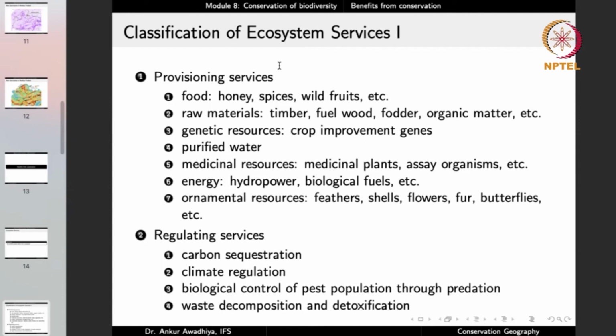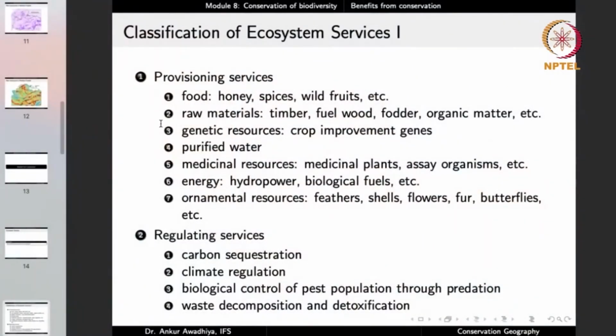So, what are the provisioning services? Well functioning ecosystems can provide people with food. Food like honey, food like spices, food like wild fruits. So, these are different things that are being provided by a well functioning ecosystem. And so, these come under the category of provisioning services.